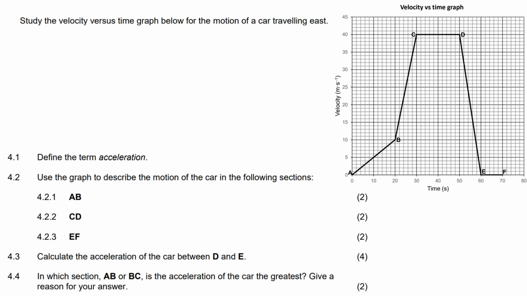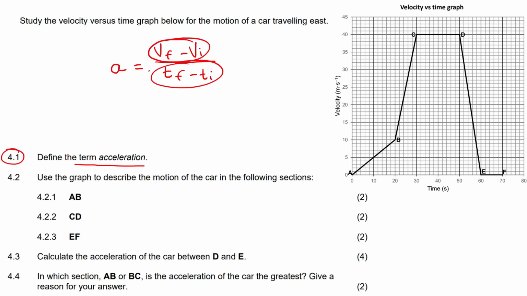Study the velocity versus time graph below for the motion of a car traveling east. Okay, so we've looked at velocity time graphs before. So here's velocity and here's time. The first question, define the term acceleration. Well, remember, the formula for acceleration in our lessons is the change in the velocity over the change in time.